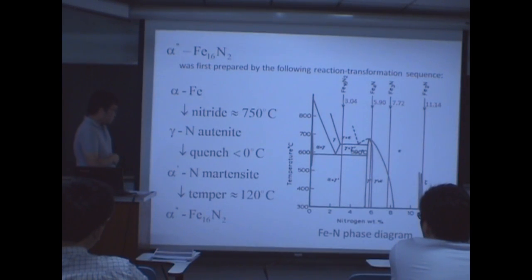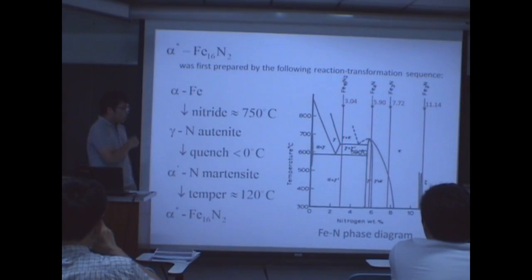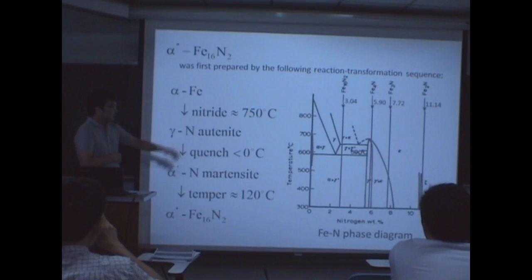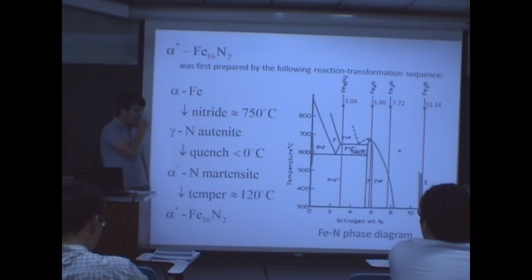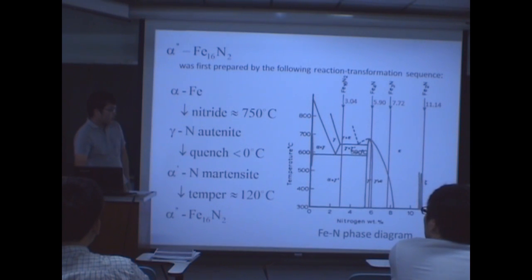It is worth noticing that martensite and alpha double prime are semi-stable phases, so they are not shown on the phase diagram representing the thermodynamic equilibrium of the system.